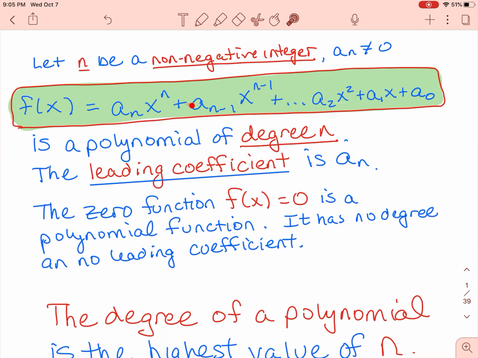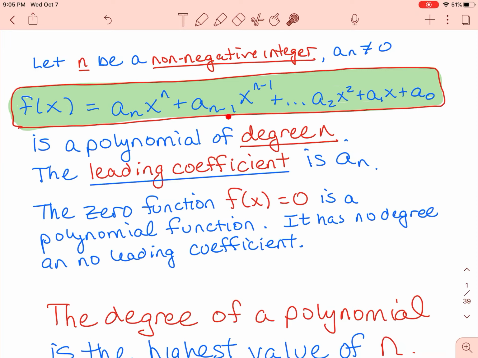X to the nth power is your first term, and then x to the n minus 1 would be one degree less, and it just keeps going down until we finally get down to x to the second, x to the first, and then x to the 0. So that's the standard way to write a polynomial in decreasing order of degrees on x. And the coefficients are named so that they match up with the exponent.